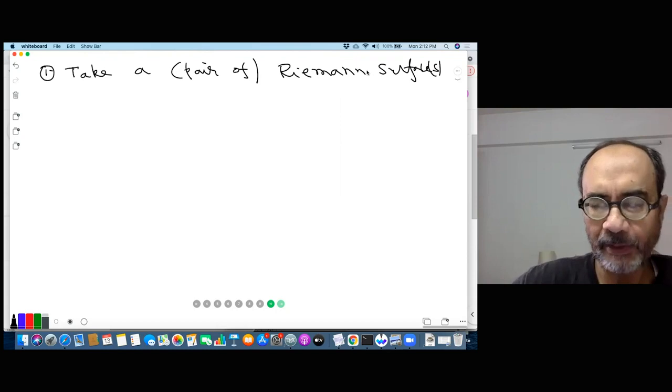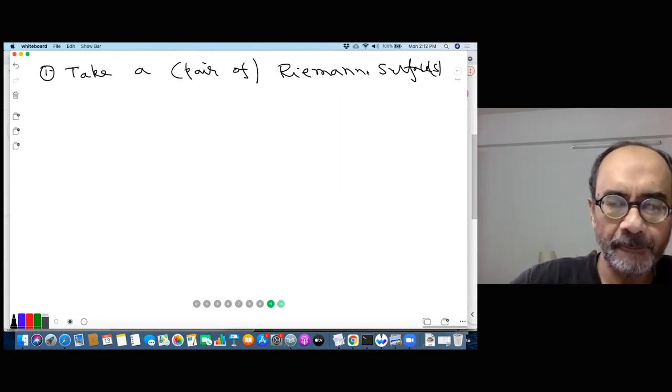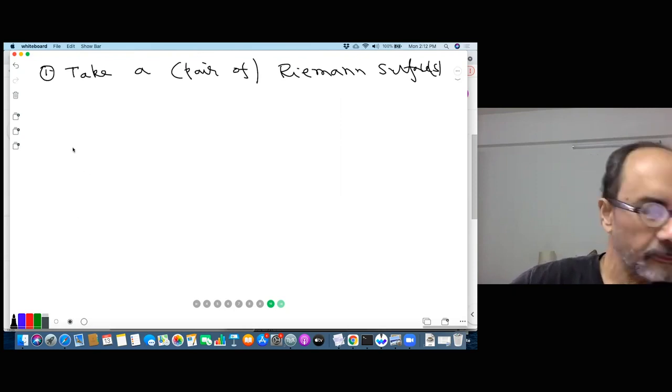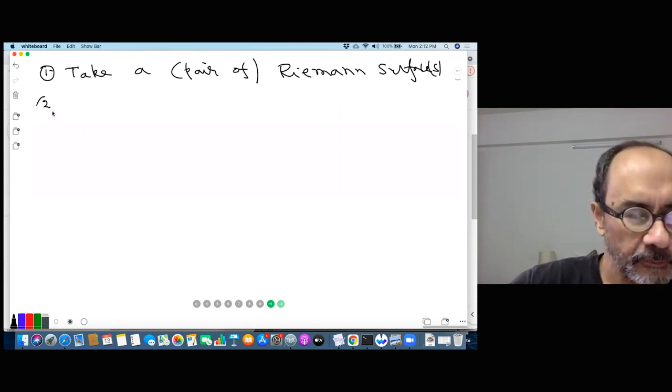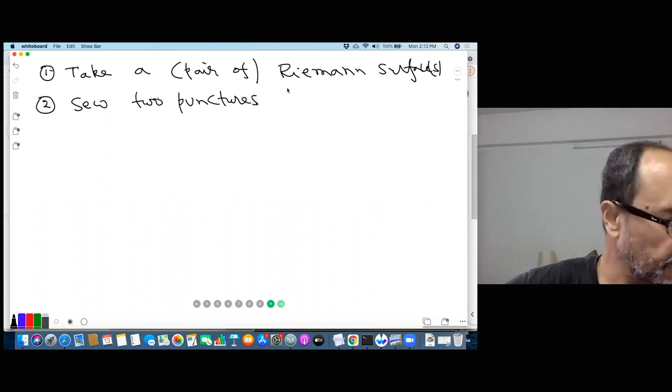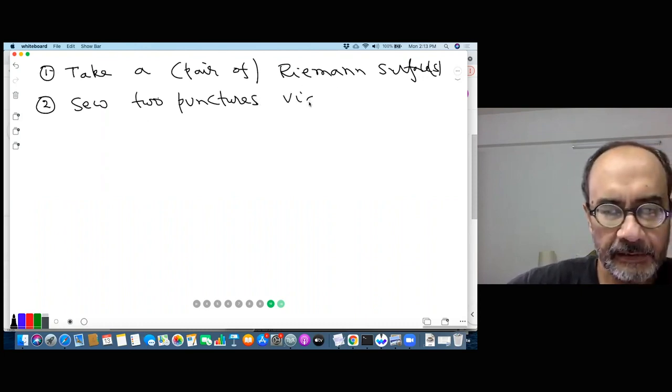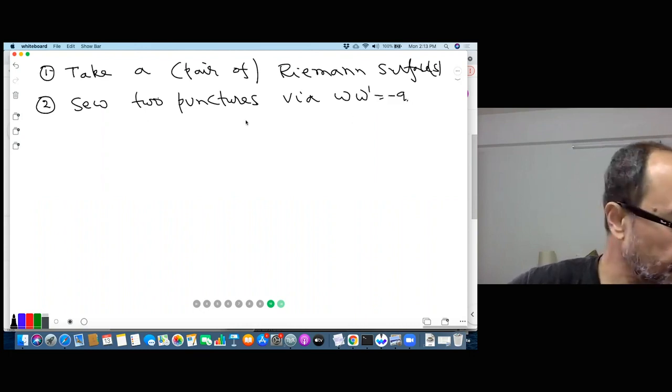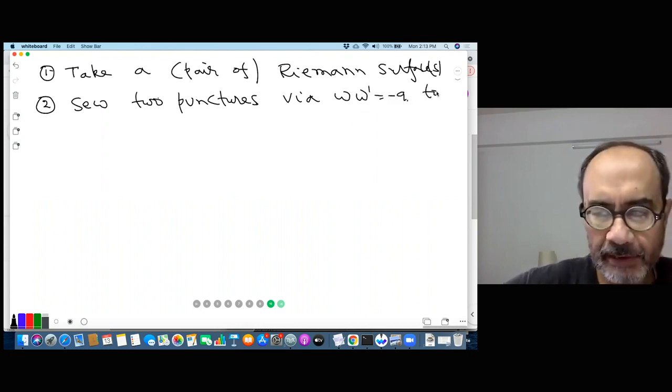Either way, what I'm going to describe is valid for both. So we now sew 2 punctures via w prime equal to minus q over w to generate a new Riemann surface.